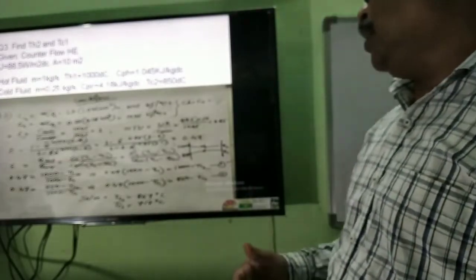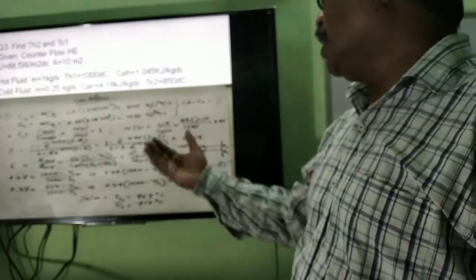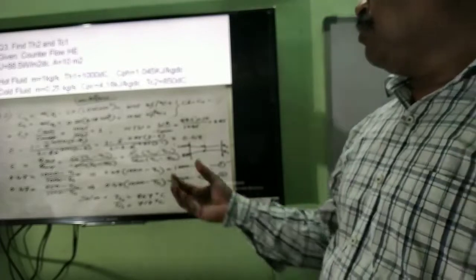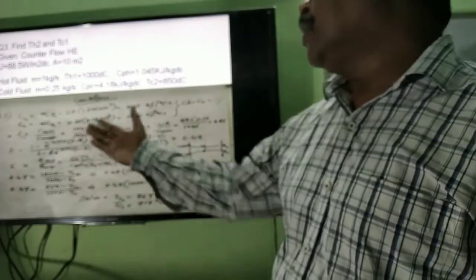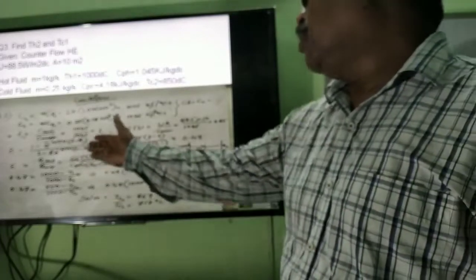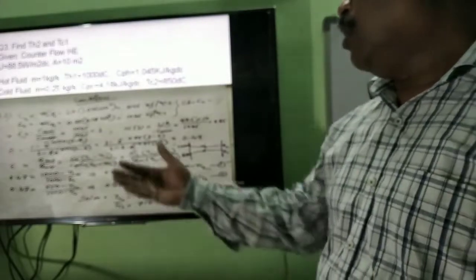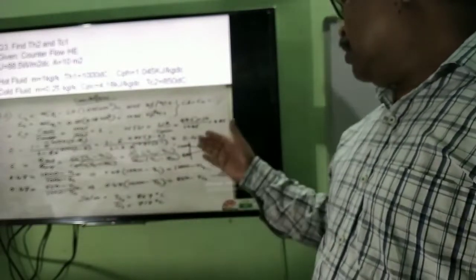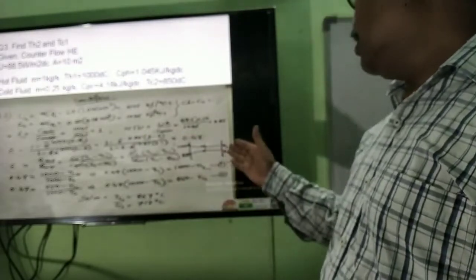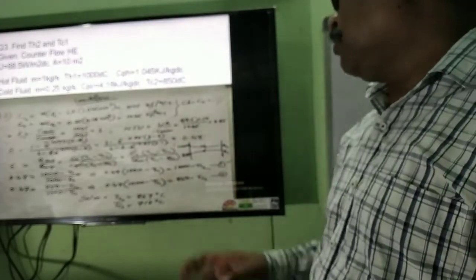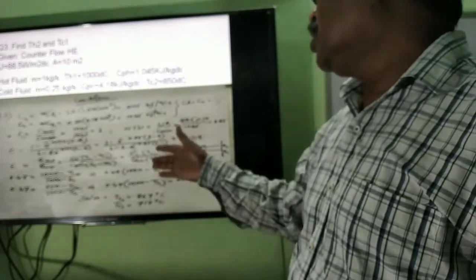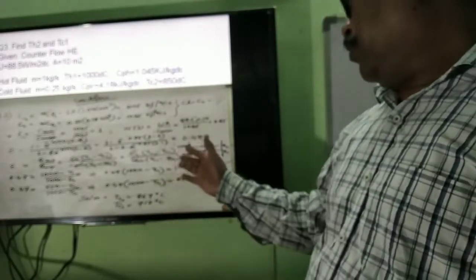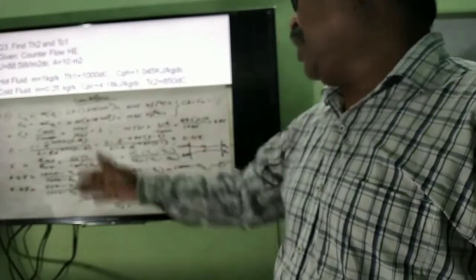They will definitely sometimes ask to find the capacity ratio, sometimes the NTU, part-wise they can ask. Sometimes, at most, they can ask to find the efficiency. Up to this you can find out, or you can find efficiency from another method also. But sometimes they might ask to find one of the terminal temperatures. So for terminal temperature you need to make the equation.